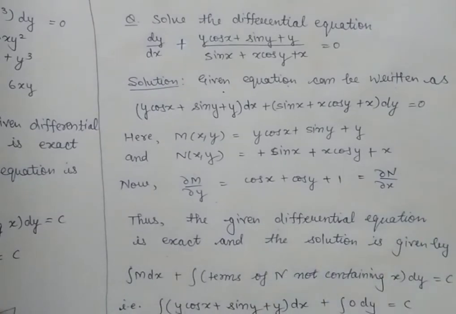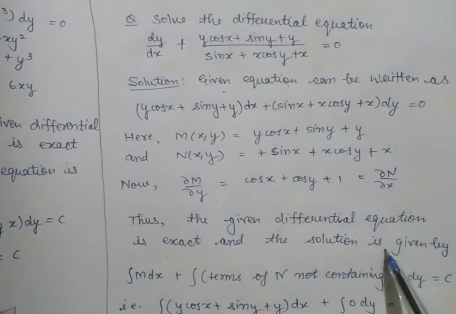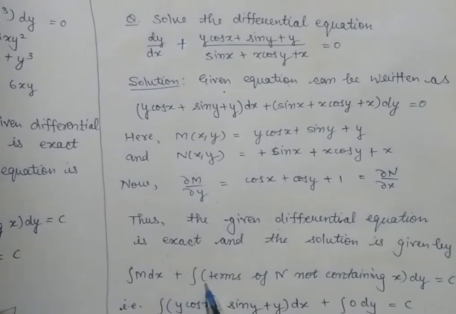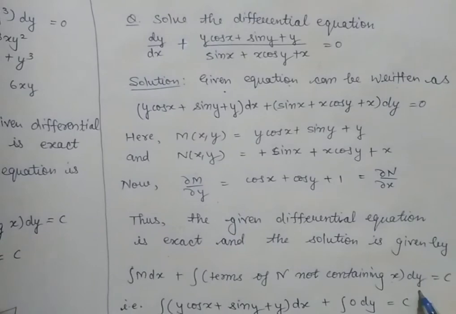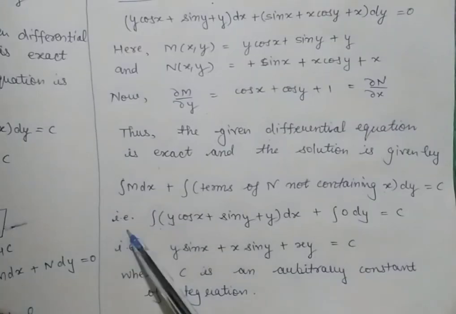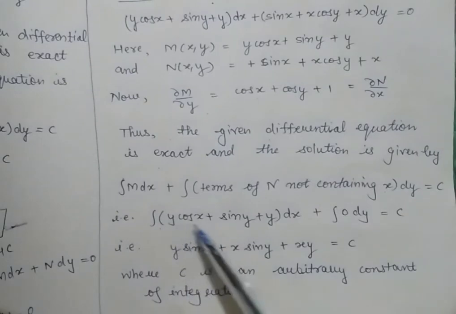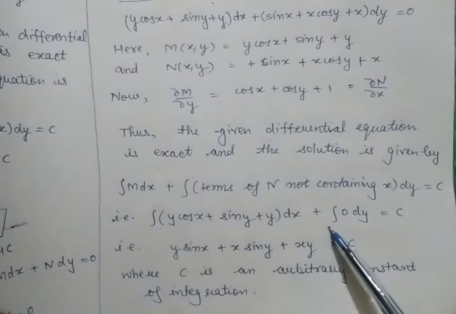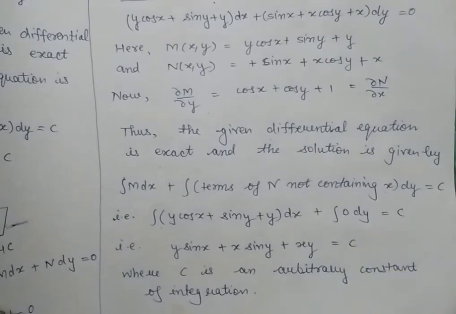Now if the differential equation is exact, then its solution is given by integral of M dx plus integral of terms of N not containing x into dy equal to c. That is, integral of M, which is (y cos x plus sin y plus y) dx, plus integral of terms of N not containing x.